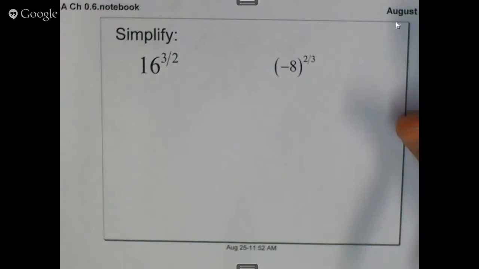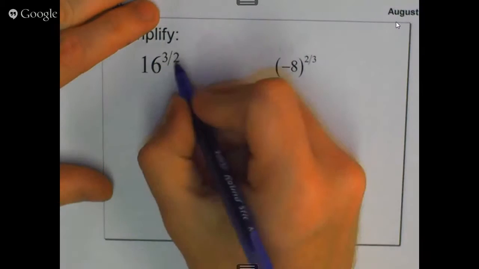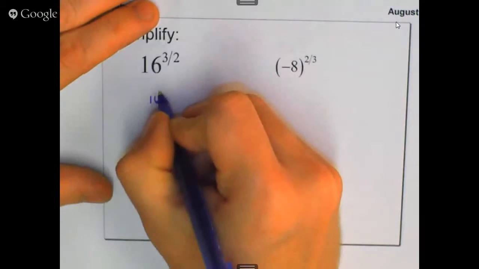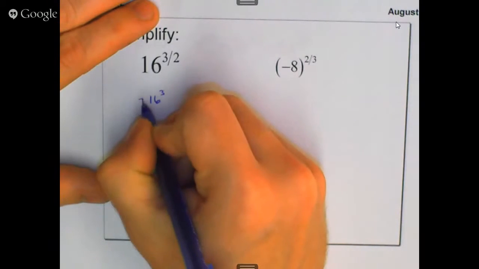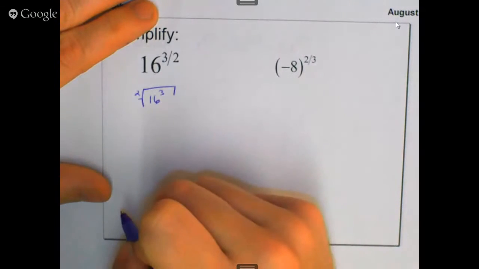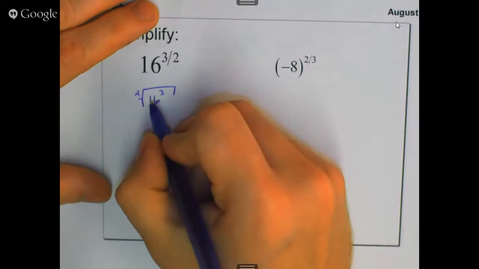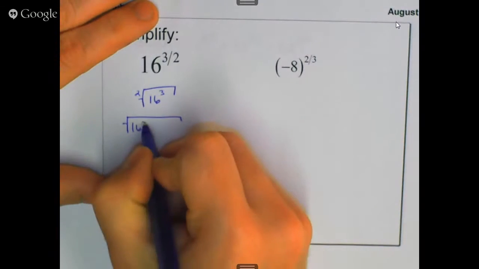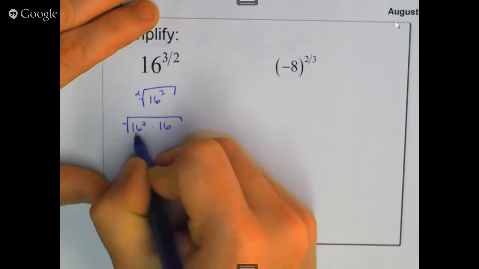So I have 16 to the 3 over 2. Again, this is inside out. So with 16, the 3 goes to the inside, and the square root, there's a 2 there, goes to the out. Well, I need groups of 2, so I'll split it up. The square root of 16 squared times 16.